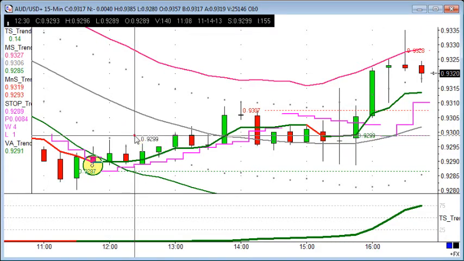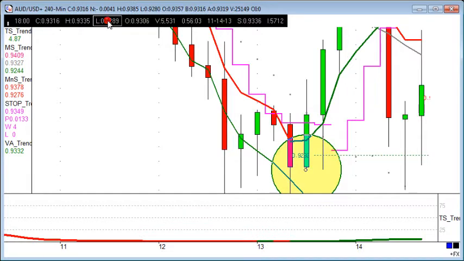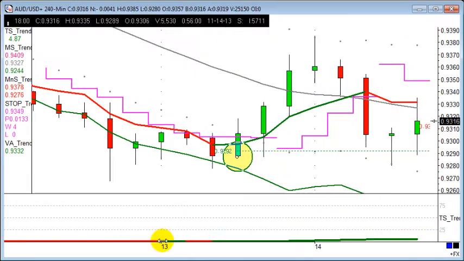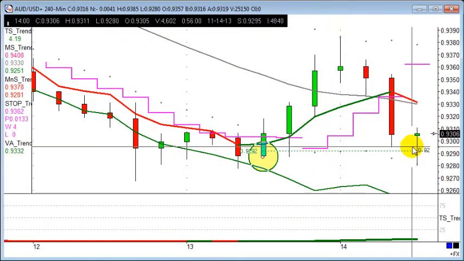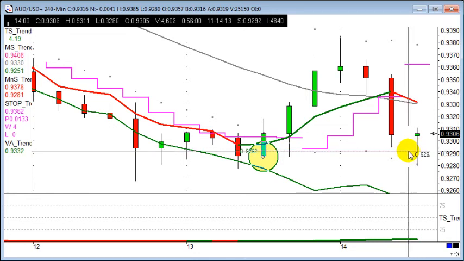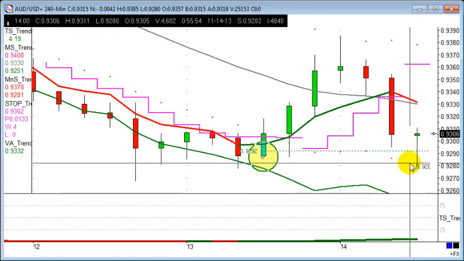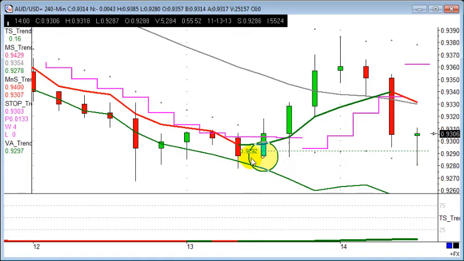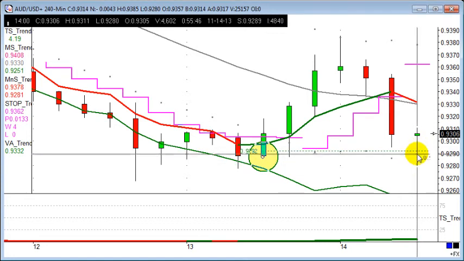The first thing I want to do is just try and look at the context. Let's have a look at the 4-hour chart first of all. This is how we can get an idea about trends and things. Now at the time, we were down here. It was midday, the market had gone down to this level, and there's two things of note here. Number one is that the market had hit a nice support level at 92.92. Market had hit it, rejected it, and reversed higher to give us that buying opportunity.